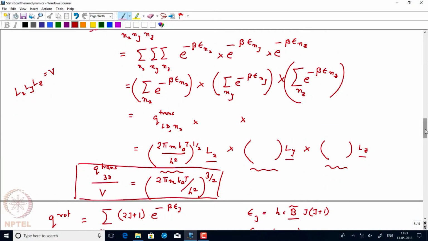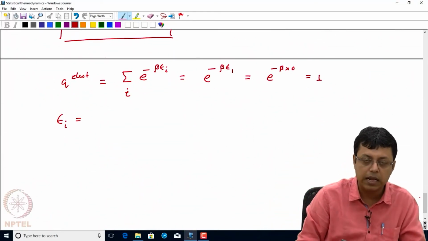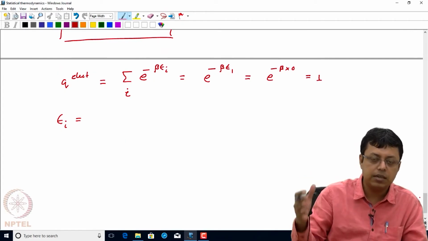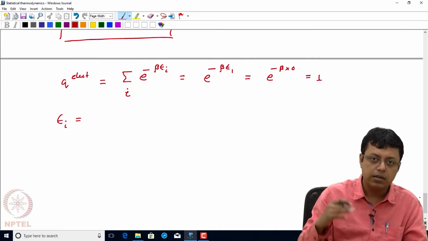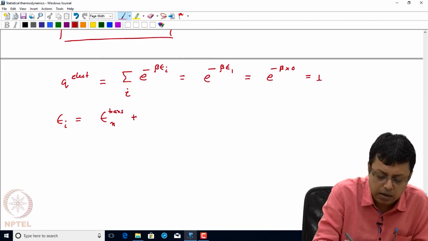Similarly, suppose I have some energy level i of the molecule. That i corresponds to some specific translational energy with some specific n, some specific rotational energy with quantum number j, some specific vibrational energy, and some electronic energy, of course.